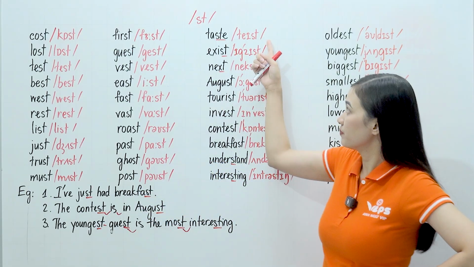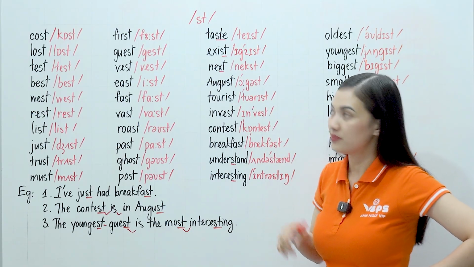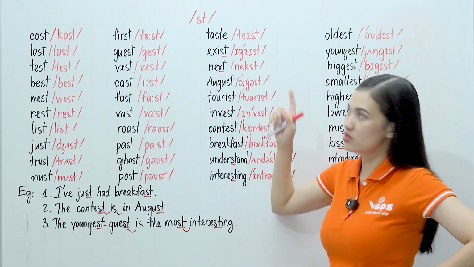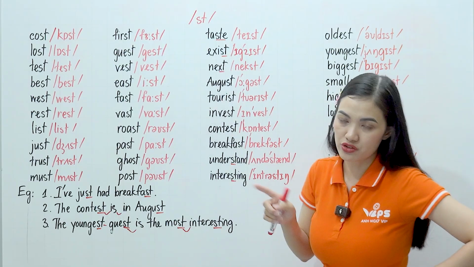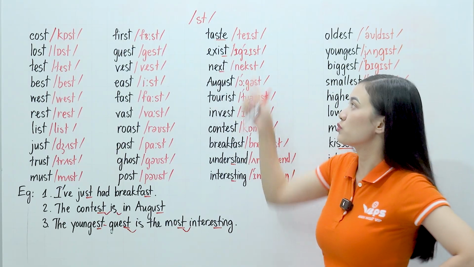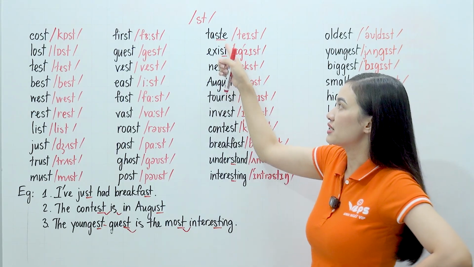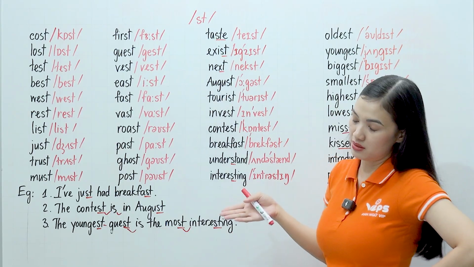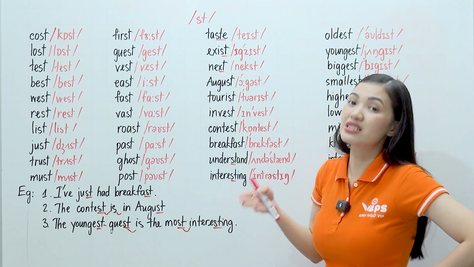Next, here, this one, taste, exist. But I have to say something here. Just remember that if a word ends with E and the sound before it is a consonant sound, the E here is usually silent.